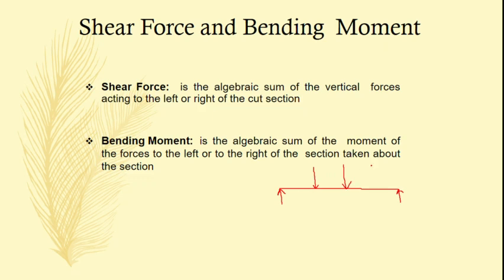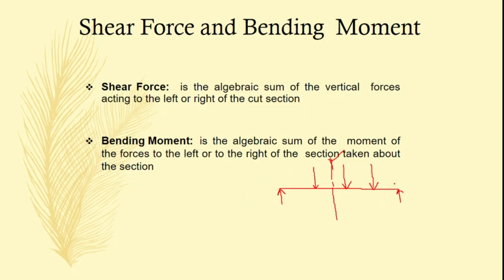Now, if a lot of forces act here, and we consider only this section, then to calculate the shear force about this section, we have to consider either the right hand side or the left hand side.